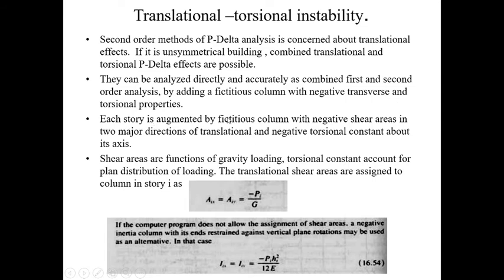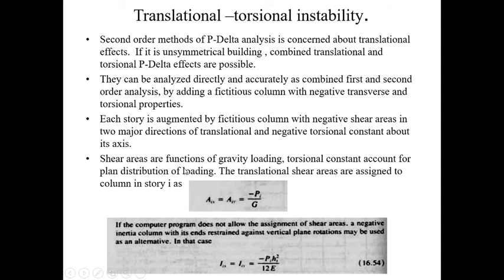So here what we do is we add a fictitious column which has the negative transverse and torsional properties, and each story will be augmented by the fictitious column with negative shear areas in two directions of translation, and a negative torsion constant will be added.